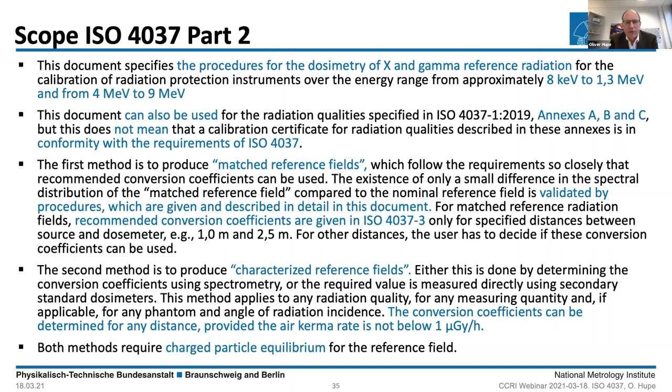The conversion coefficients can be determined for any distance, provided the air kerma rate is not below 1 microgray per hour. So that's the limitation of the standard. Both methods require charged particle equilibrium, so that's an important topic.